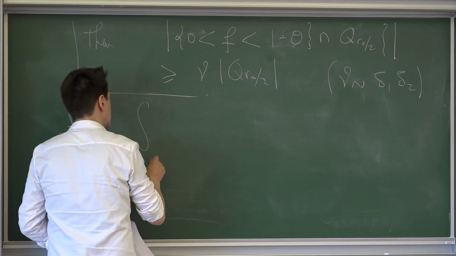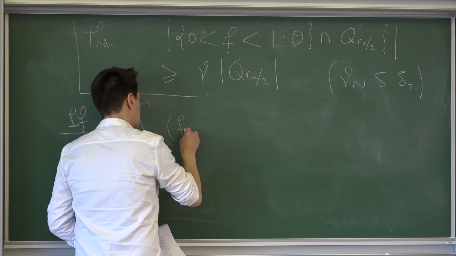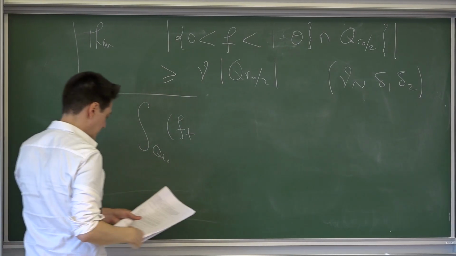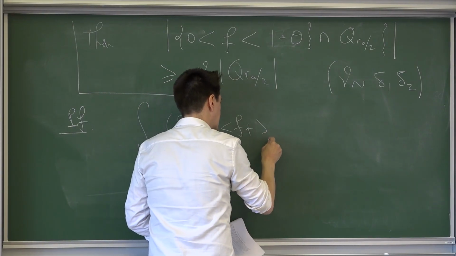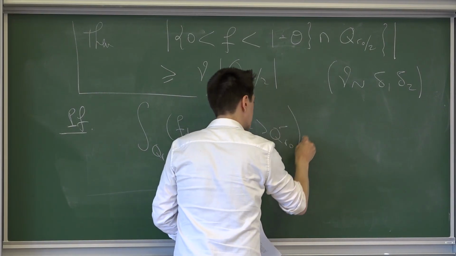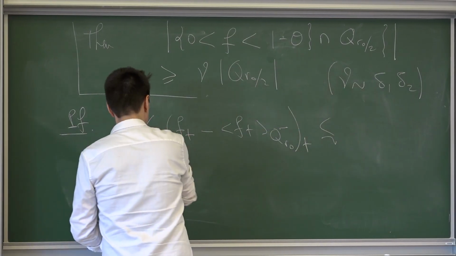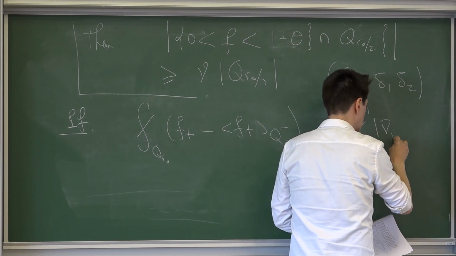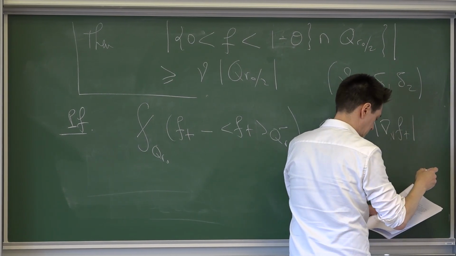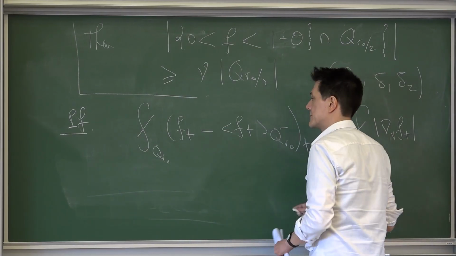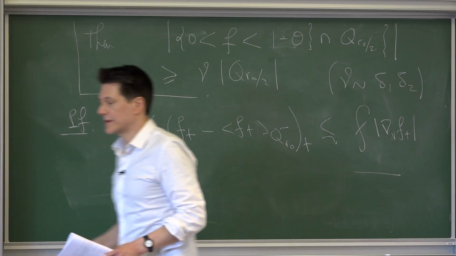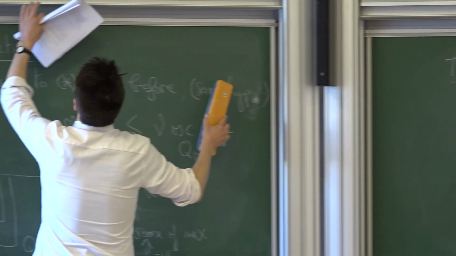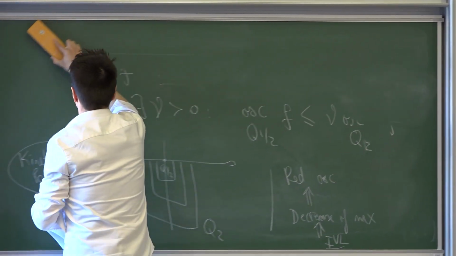Remember that we will use, obviously, that f plus is also a subsolution. So if f is a subsolution, f plus is as well. I want to use that in order to get bounds on the intermediate measure.